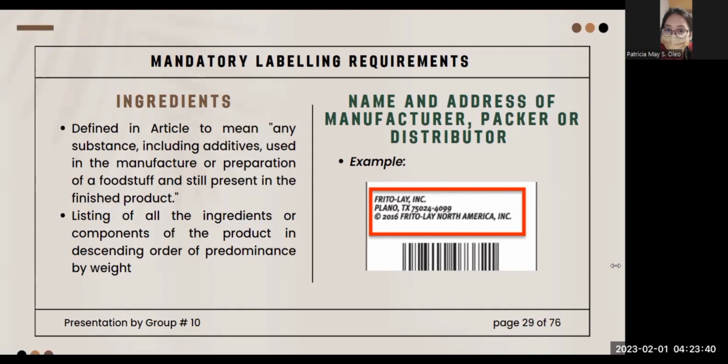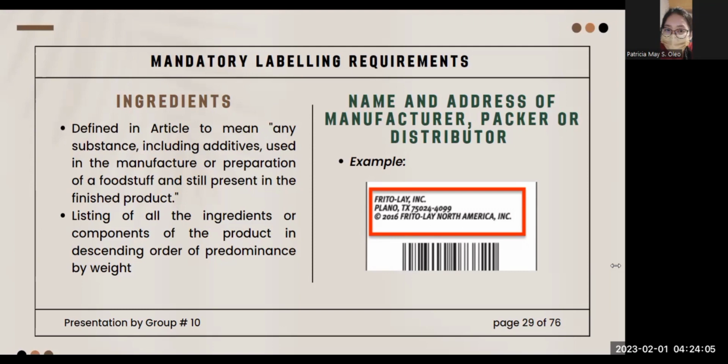Next, manufacturer's information. Ito yung mga name and addresses of manufacturer, packer, or distributor. So, kailangan nakalagay din po kung sino or anong company ang manufacturer, sino yung mga distributor sa mga stores, malls, and markets, and sino yung mga nagpapack.